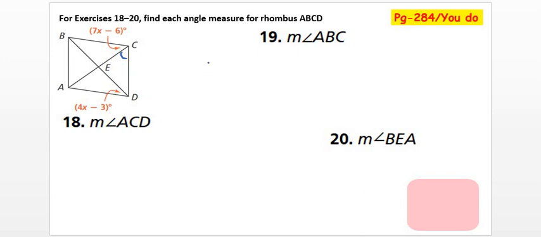Okay, now because it's a rhombus, I can say the value of this angle will be actually 7x minus 6. Okay, if this angle is 7x minus 6, how much will be this angle? Because again this is a diagonal, I mean BD is the diagonal, so this angle will be 4x minus 3.